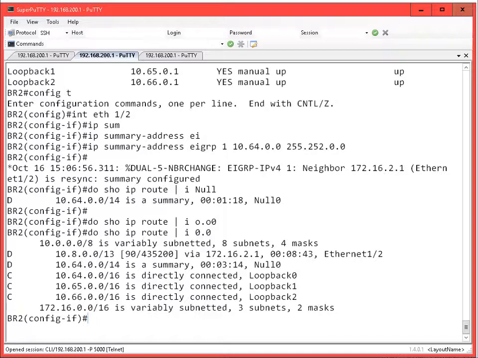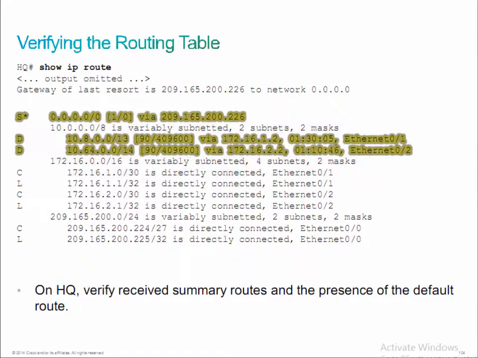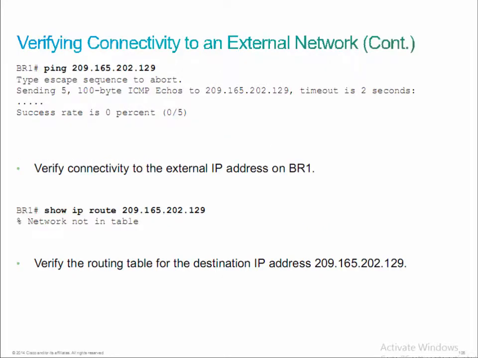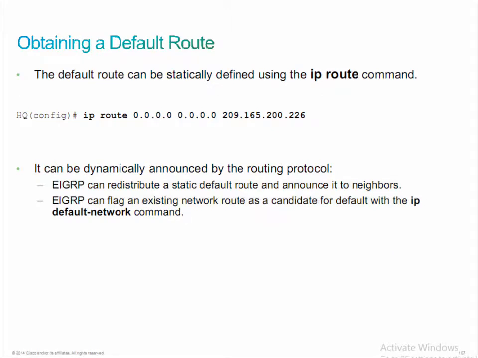So obviously, in order for BR1 and BR2 to get to the internet, they're going to need some sort of default route. HQ can get to the internet no problem because it has a static default route that was already previously configured, using this static route: IP route 0.0.0.0 0.0.0.0 209.165.200.226.